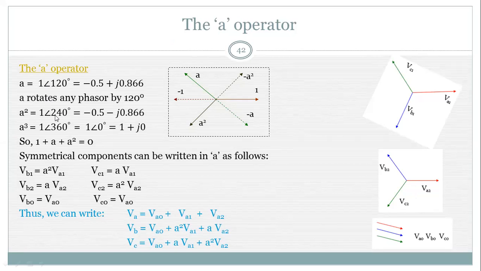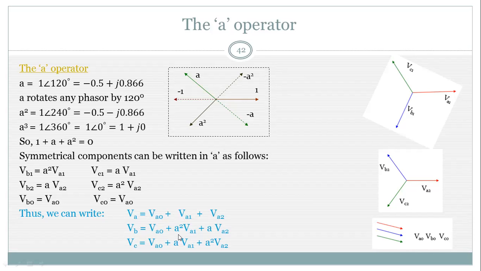We can use this to represent the displacement from one phase to another. The phase voltage VA equals VA0 plus VA1 plus VA2. If we add these three components, we find the phase A voltage. Similarly, for phase B we add VB0, VB1, and VB2, and for C we write VC0, VC1, VC2.